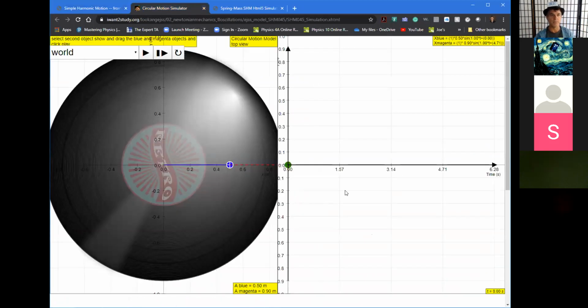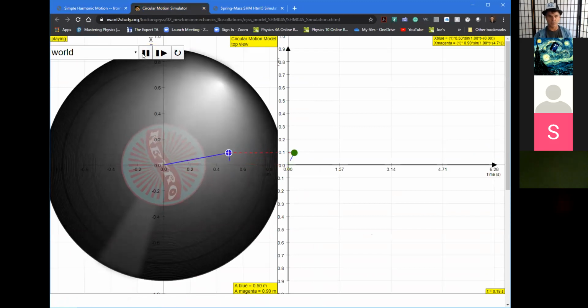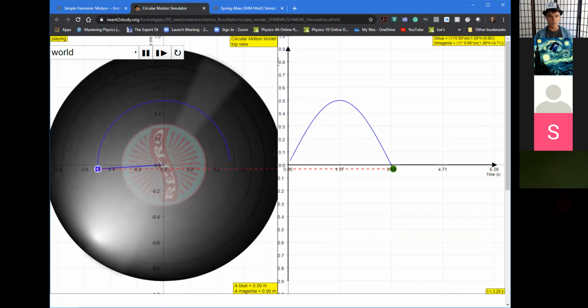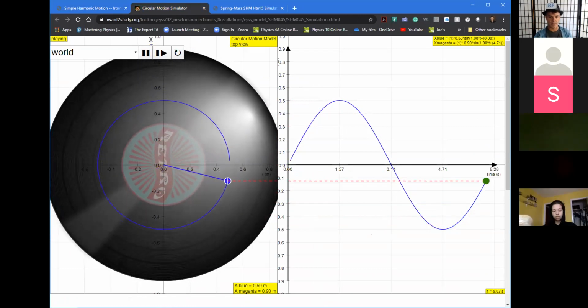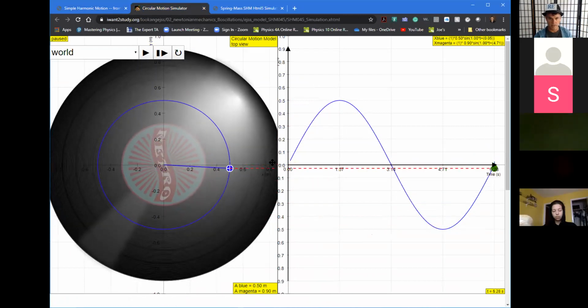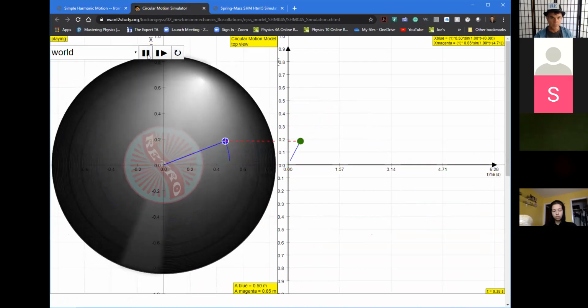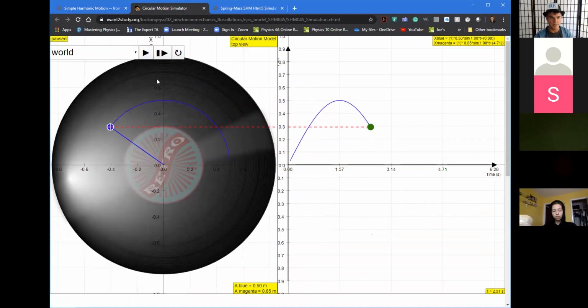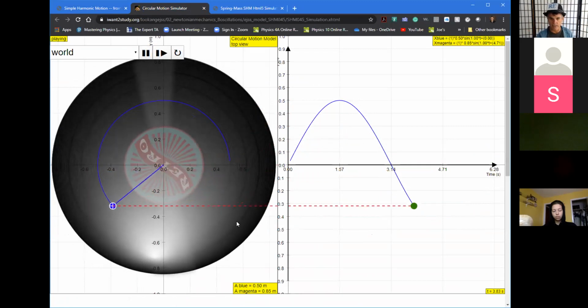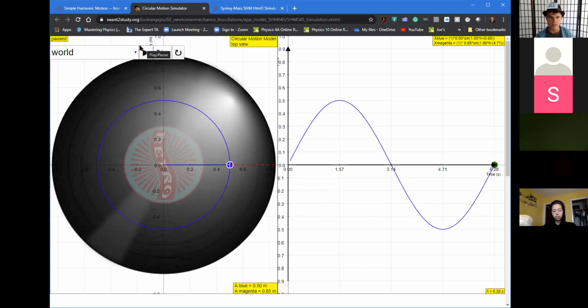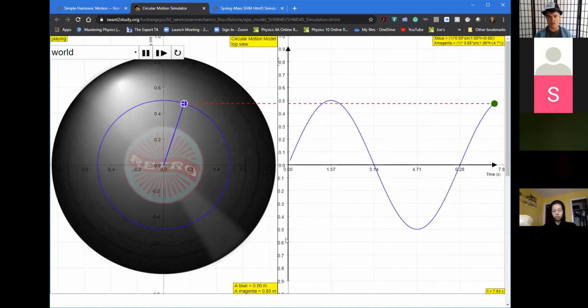And let me just show you this here. As this object is moving around in a circular path, what you'll see is if I look at the y component of this displacement vector as it's moving through space, it is going to trace out, in this case, a cosine curve.